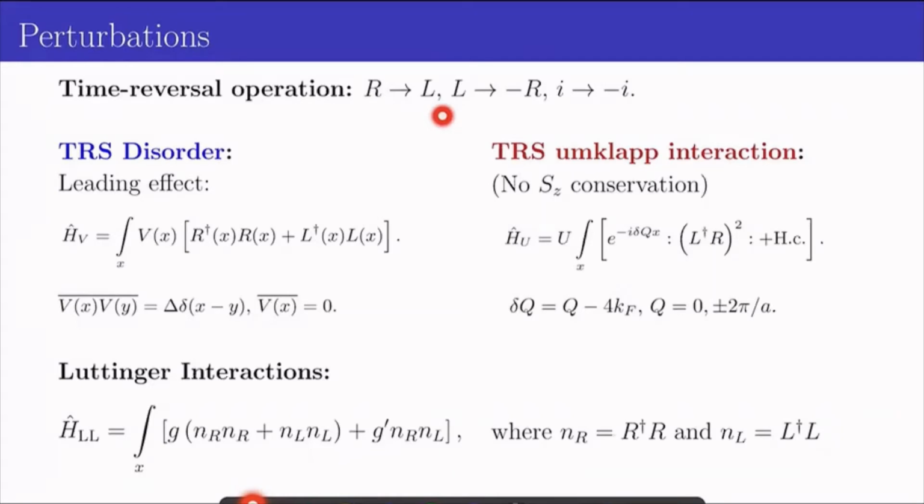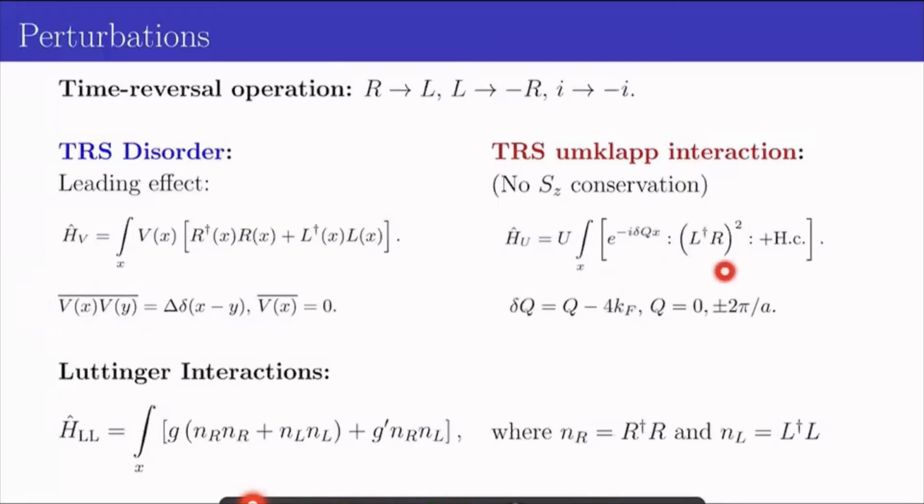The leading disorder term is nothing but the chemical potential fluctuation, and we model it by a white noise Gaussian correlated zero mean disorder. The leading time reversal symmetric backscattering interaction term is in the form L dagger R squared.